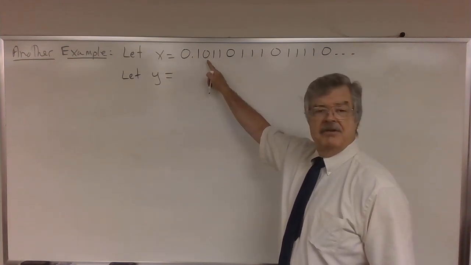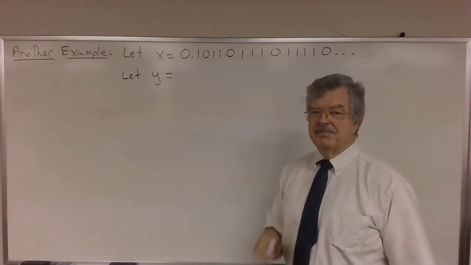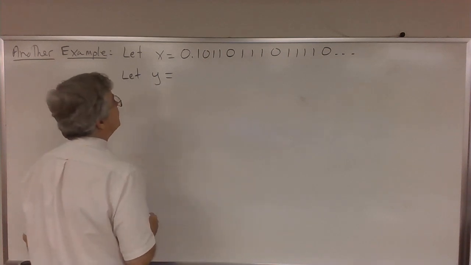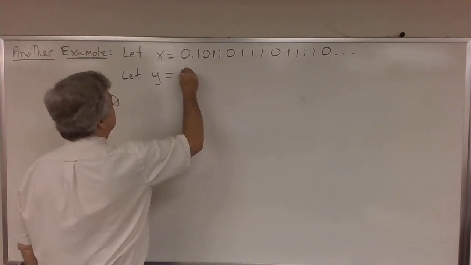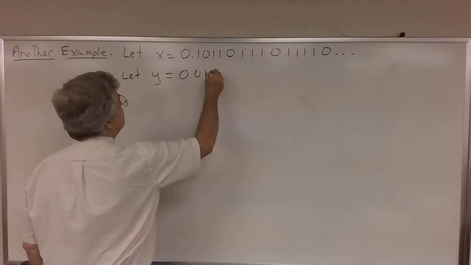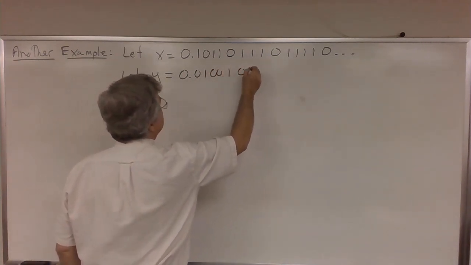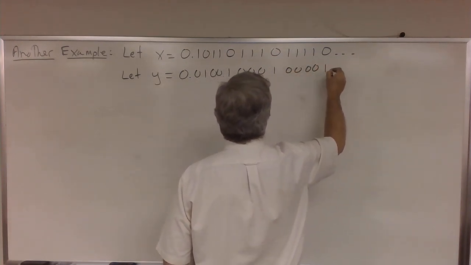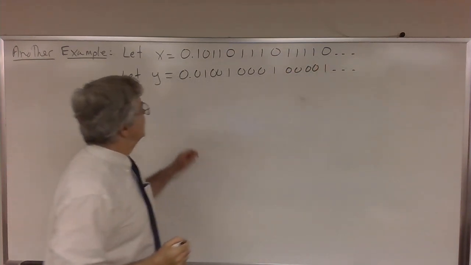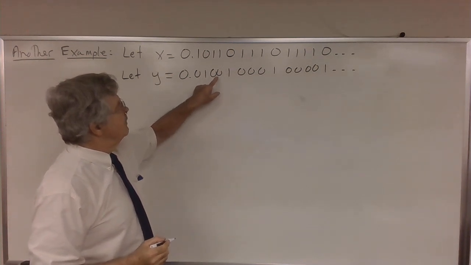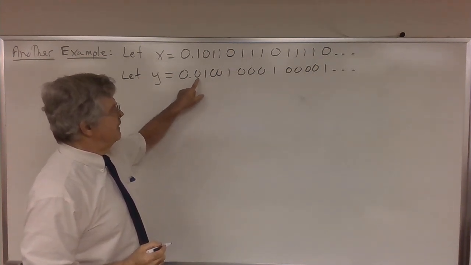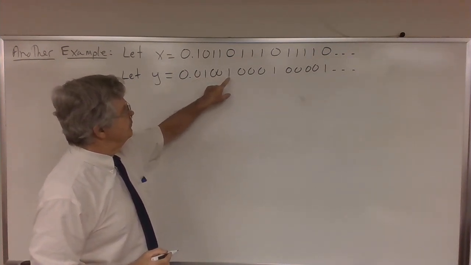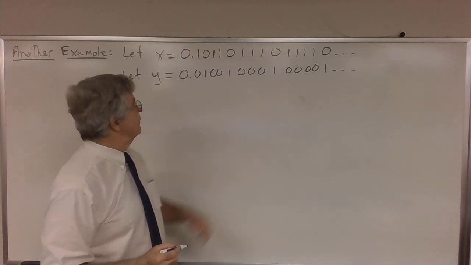And every place up here that we see a 0, put a 1. You're absolutely right. 0.01001000100001. After each 1, we have one more 0 than we had prior. So after this one, we have 2 zeros. After this one, we have 3 zeros, and so forth.